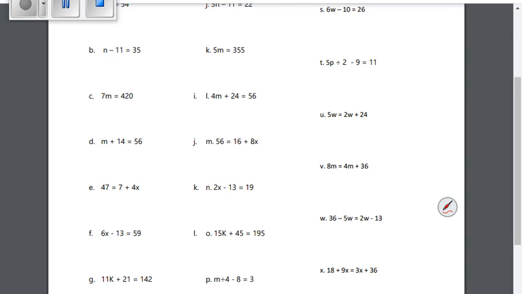Okay? And so when you're looking at this one here, that plus 24, how do I get rid of that? Well, I'm minus 24 and it's gone. If you do it to this side, you have to do it to this side. So I'm minus 24 off that side. And you still have your 4m.